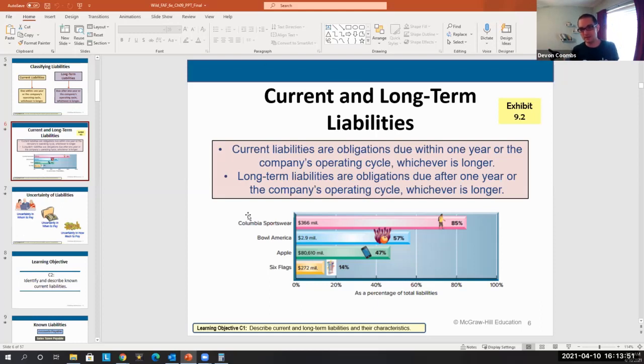So retail companies generally have very high current ratios versus long-term ratios, while the other extreme would be amusement parks, hotel chains, or real estate companies. They are borrowing large amounts of money for huge construction projects. And so they're normally borrowing debt that's very long-term, not short-term, because they're not selling things quickly.